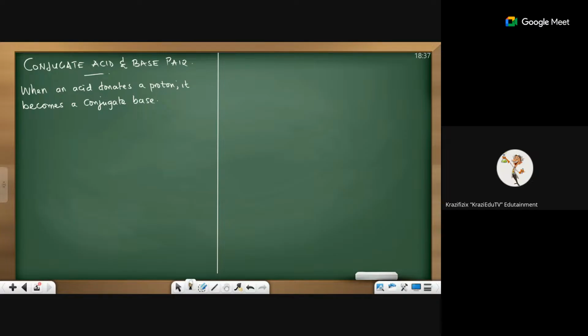When an acid donates a proton, whatever is left is a conjugate base. And this is what I mean.